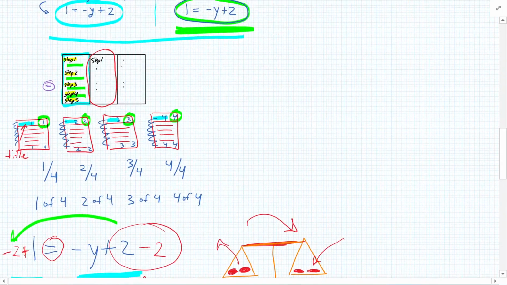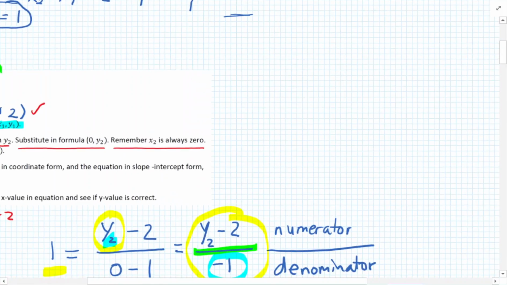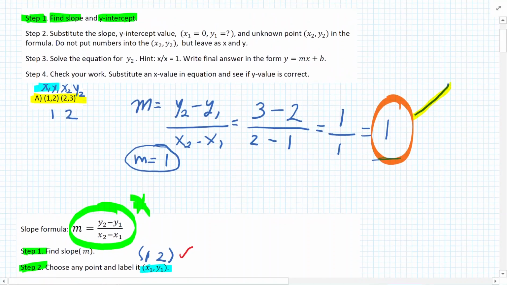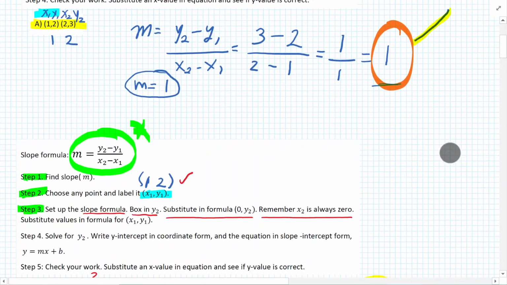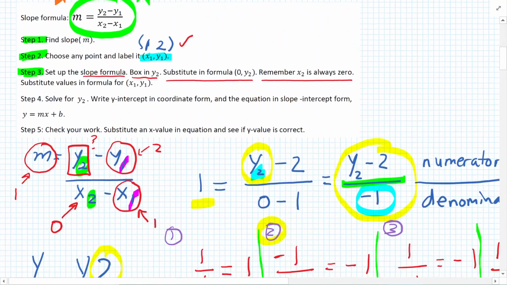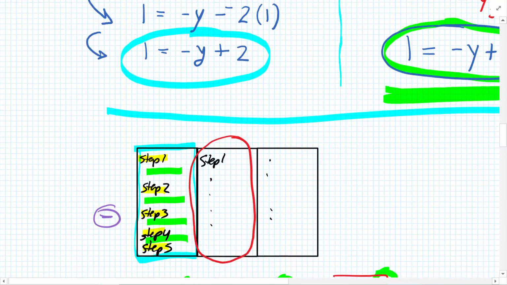So, going back to our steps. Step 1, find the slope. We did. It was equal to 1. It's right here. And the y-intercept. Well, we just found the y-intercept. Find the slope and the y-intercept was the first step of our problem. We used these steps, slope, etc., to find the y-intercept.